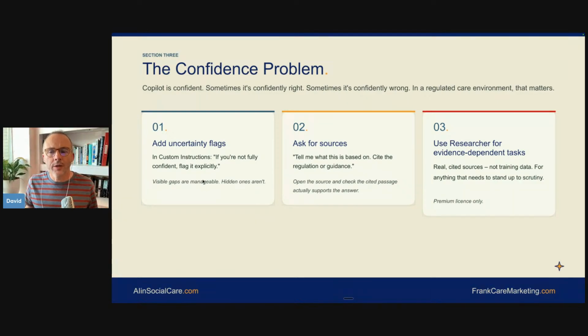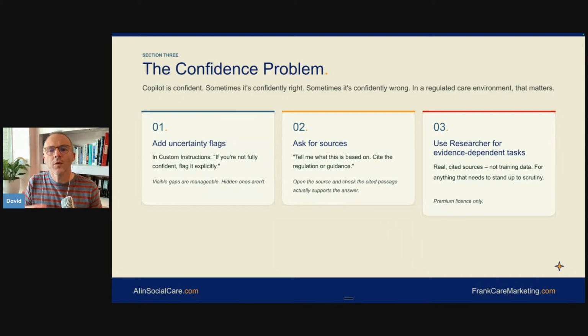You could add other phrases there, like asking it to say things such as, I'm not certain, but. That's not going to make Copilot perfect, but it makes those gaps more visible, and visible gaps are more manageable, whereas hidden ones are not.